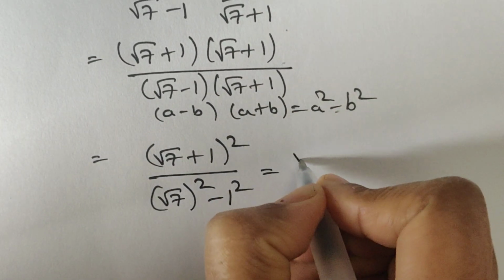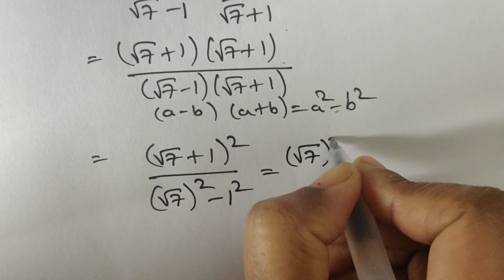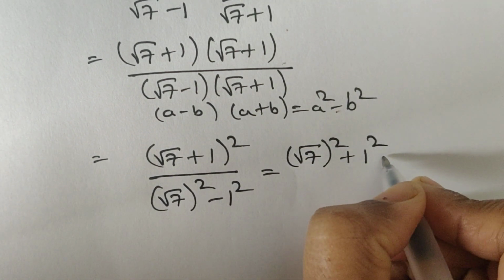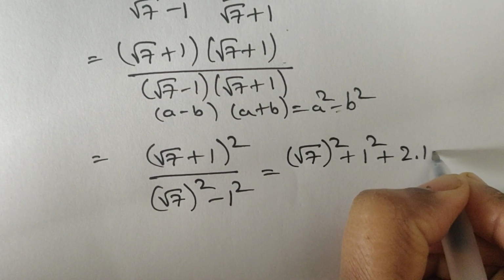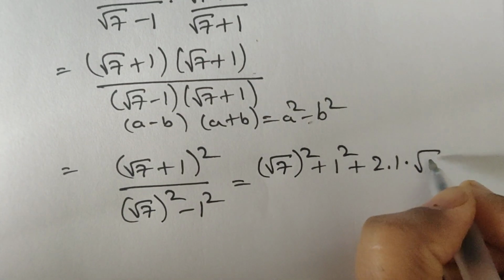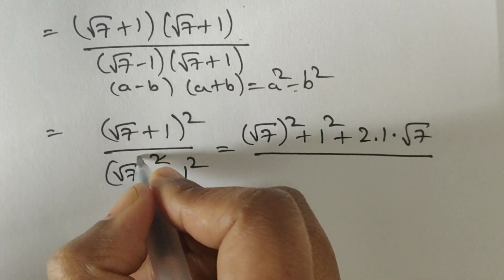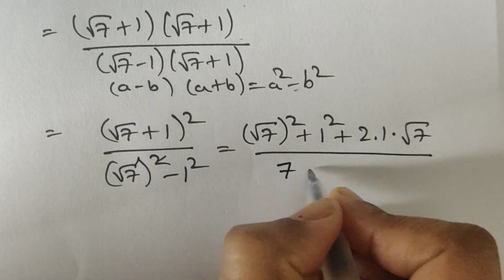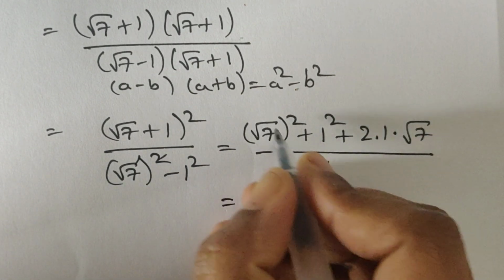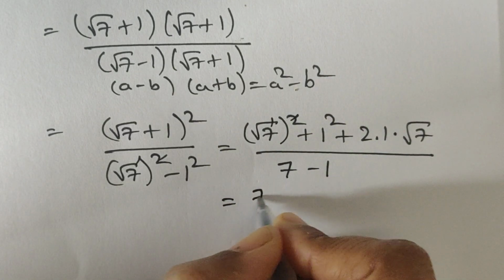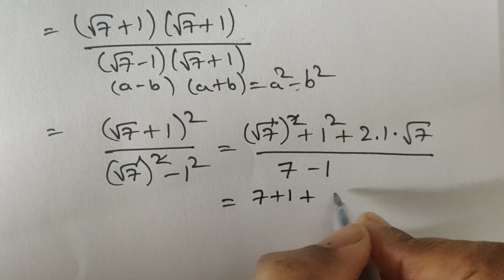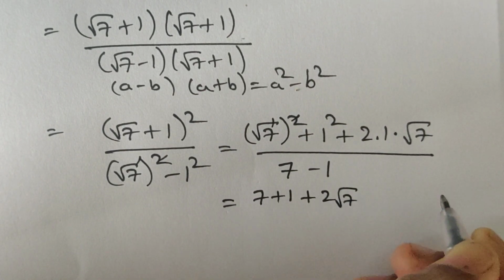So we know this formula, a² + b² + 2ab. So divided by, the square root gets cancelled, 7 − 1. So the square root gets cancelled, 7 + 1 + 2√7.